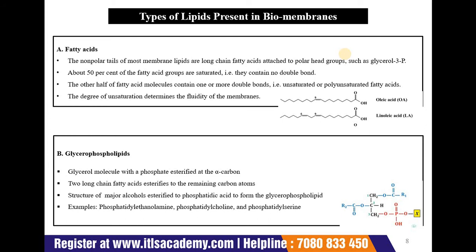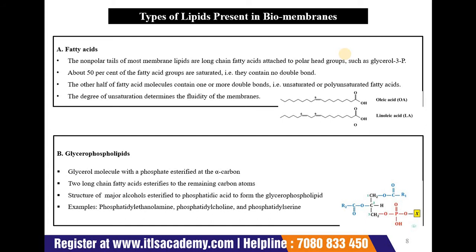About 50% of the fatty acid groups are saturated; that is, they contain no double bond. The most common saturated fatty acid groups in animal membrane lipids contain 16 to 18 carbon atoms. Oleic acid is the most abundant fatty acid in animal membranes.